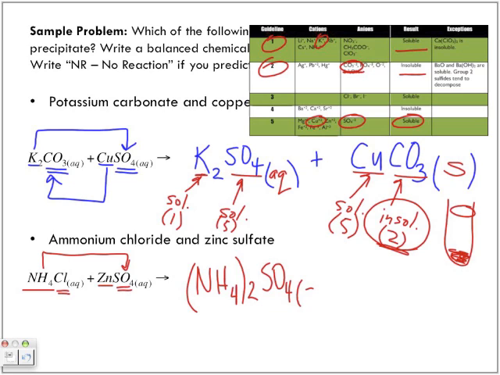We don't know if it will dissolve. We've got then zinc with the chloride. And again, same thing. We don't know which one is actually going to precipitate out.